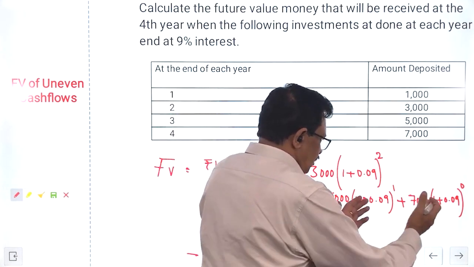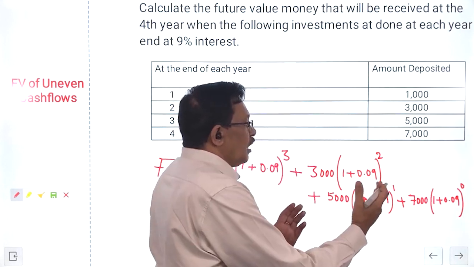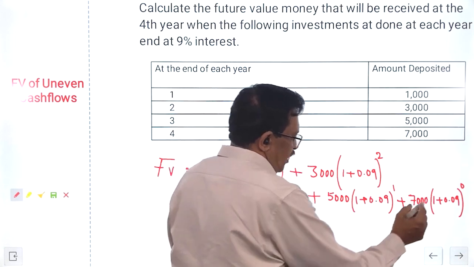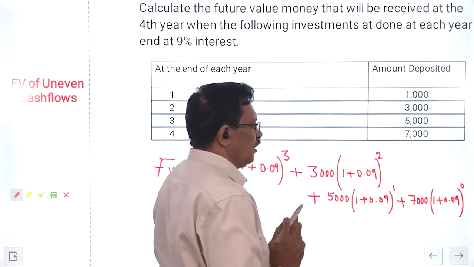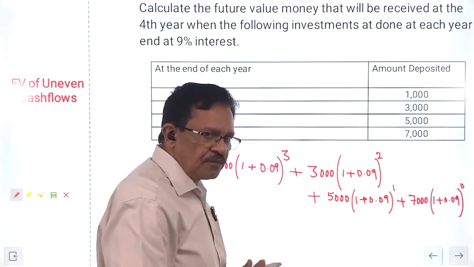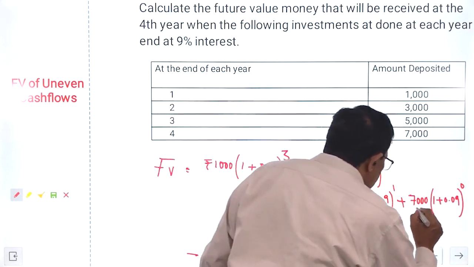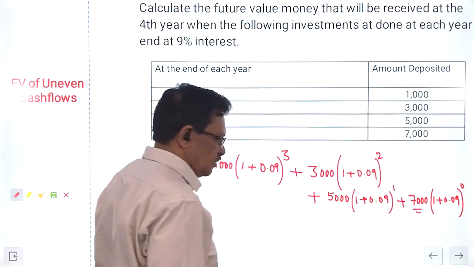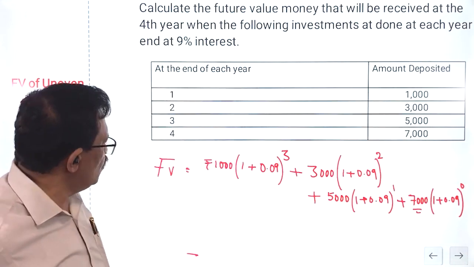On a uniform basis, I'm taking this also: 1 plus 0.09 whole to the power of 0 is 1. So this amount remains at 7,000 rupees. Let us calculate the value.